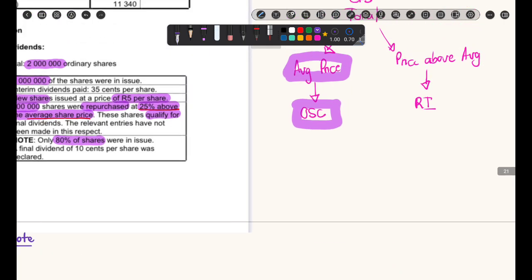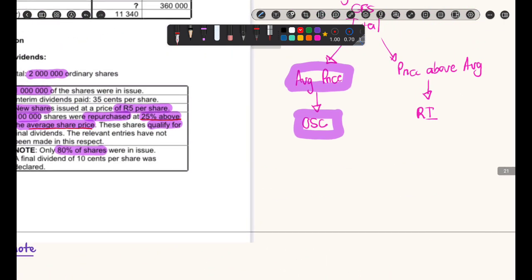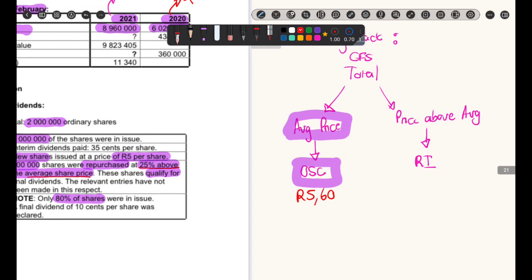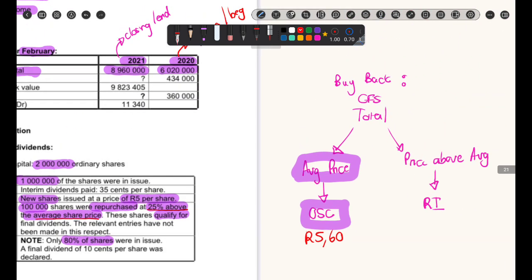Then remember that because now I know that my average price is 5 Rand 60, it will come here as 5 Rand 60. And then what is my price above average? They told me that this was repurchased at 25% above the average price. So my price above average, or my total, is what I purchased it for.